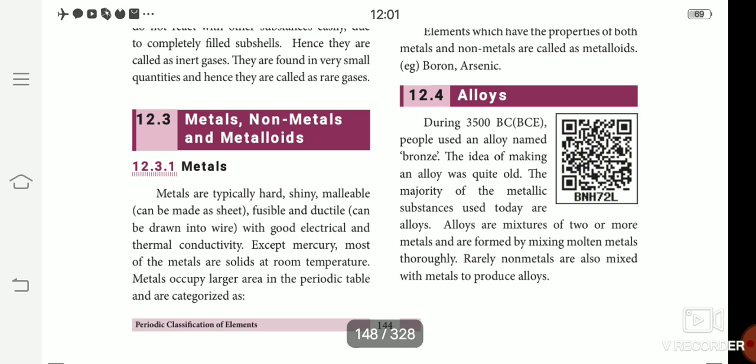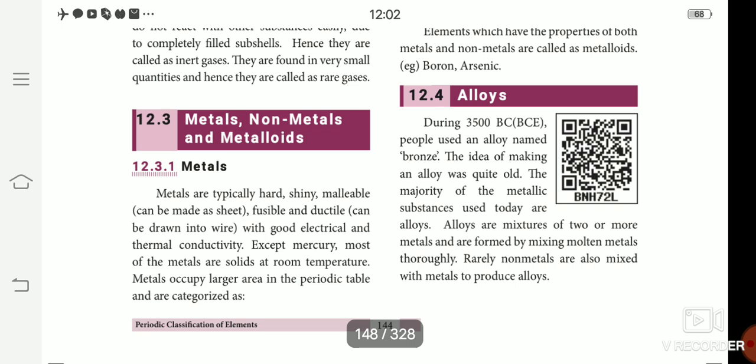Alloys are the mixture of two or more metals and are formed by mixing them in the molten stage. So this is called an alloy.